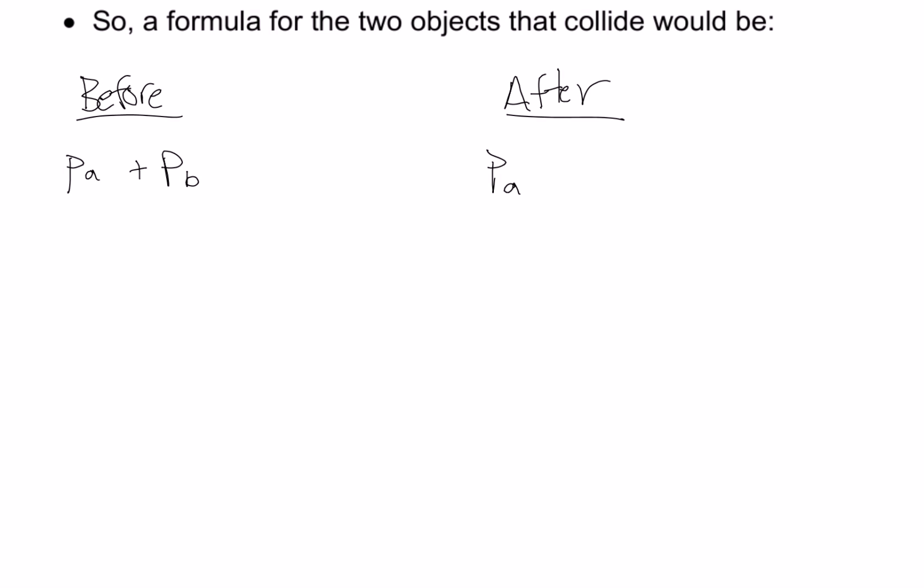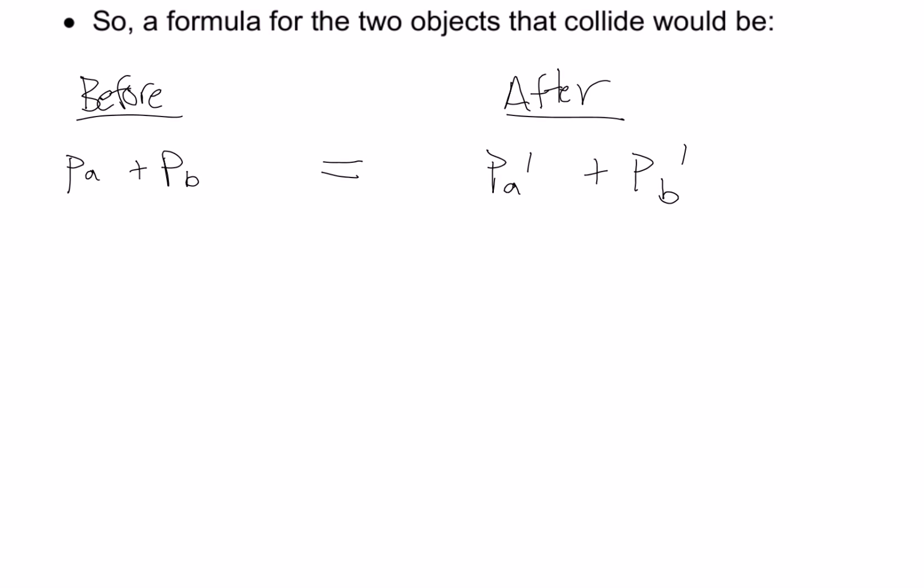We'll use prime. So PA prime, that's our momentum of object A afterwards. And then we have the momentum of object B afterwards. The formula is that the total before has to equal the total afterwards. So the momentum of A and B added together equals the momentum of A and B after the collision, and those are the same totals.